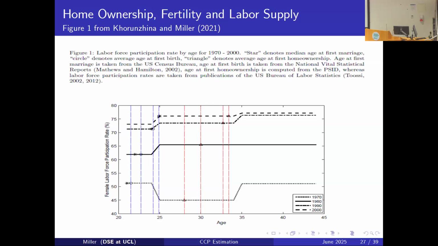You've got the labour supply participation on this vertical axis here, with age on the horizontal. And what's going on here? In the 1970s, you'd drop off while you had a kid, and then come back, not so much.